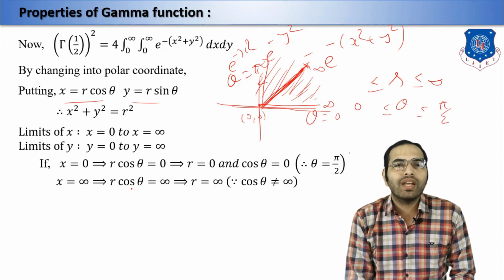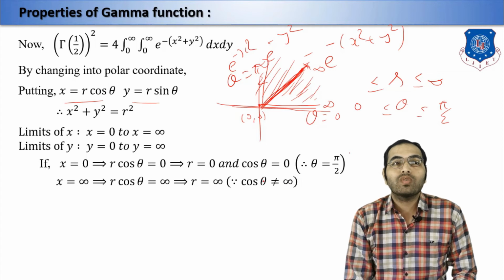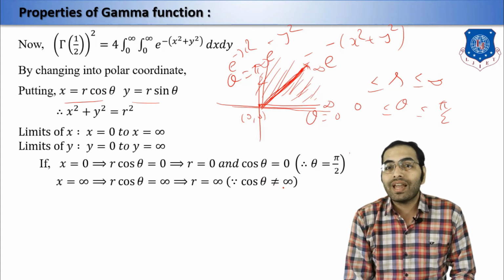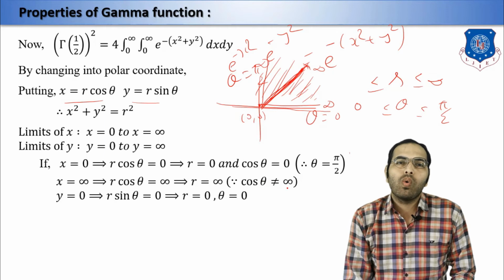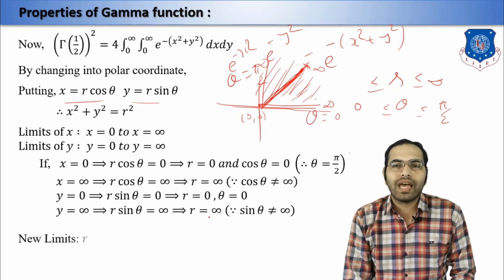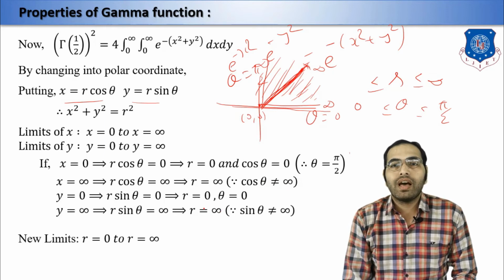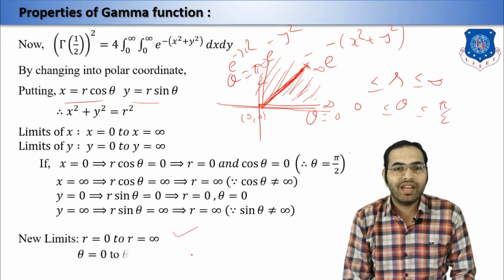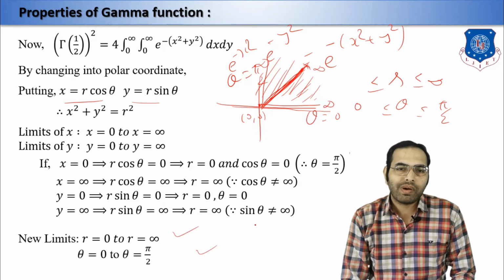Similarly, x equal to infinity, which is r cos theta equals infinity, means r equals infinity, but cos theta is not infinite, because the values of cos and sin lie between minus 1 and 1. Similarly for sin. So we can say that r varies from 0 to infinity and theta varies from 0 to pi by 2.